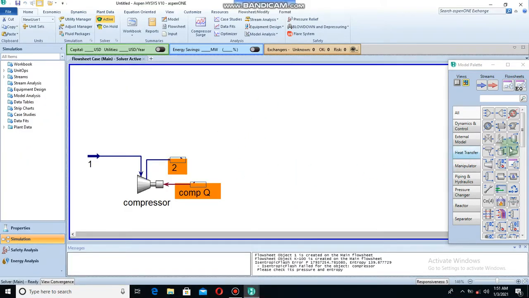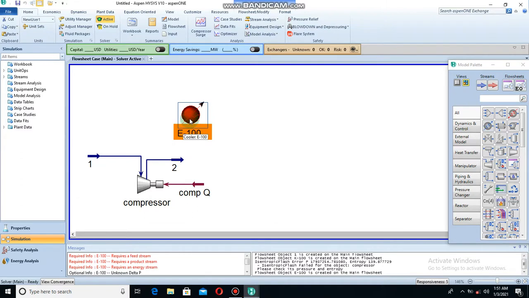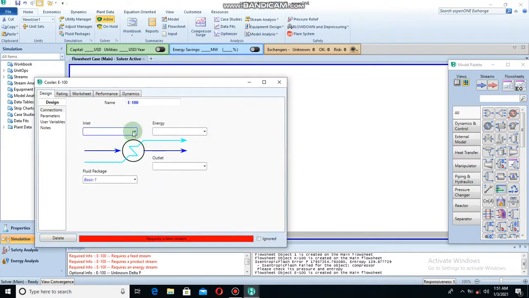It's converged, and we'll send it to a cooler to cool it off to 25 degrees.